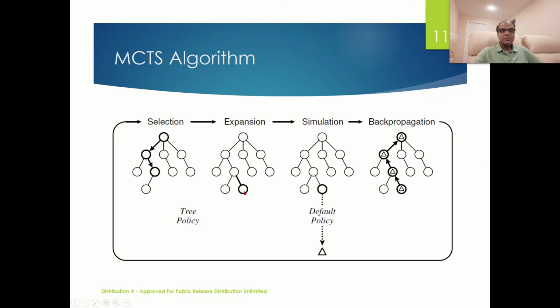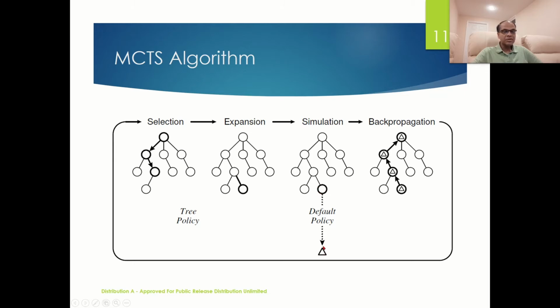And now this node does not have any children under it, so I don't have a choice of explore versus exploit, because there are no other children under this node to do an exploit from. So the only thing that I can do to go downwards from this node is to do a simulation or a rollout step. And as I said, the rollout continues all the way towards the bottommost level.